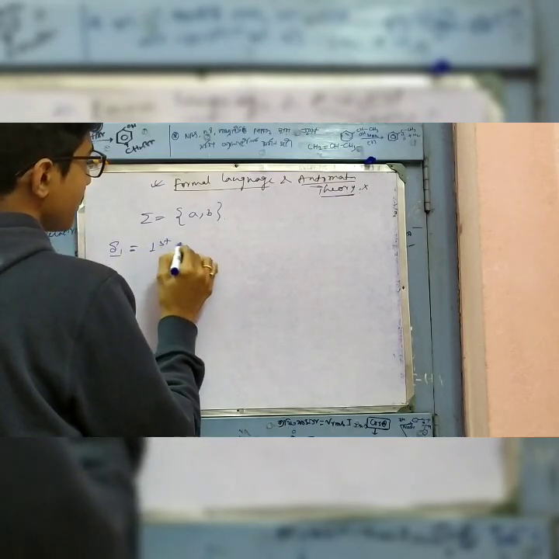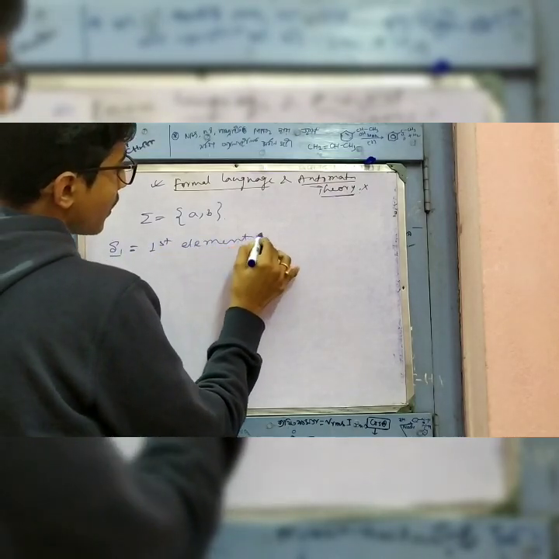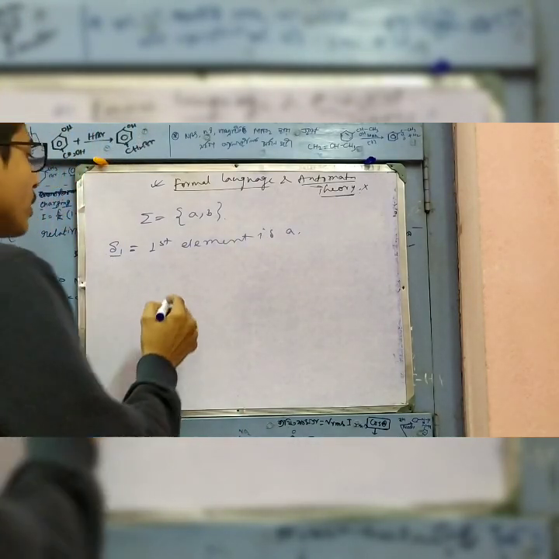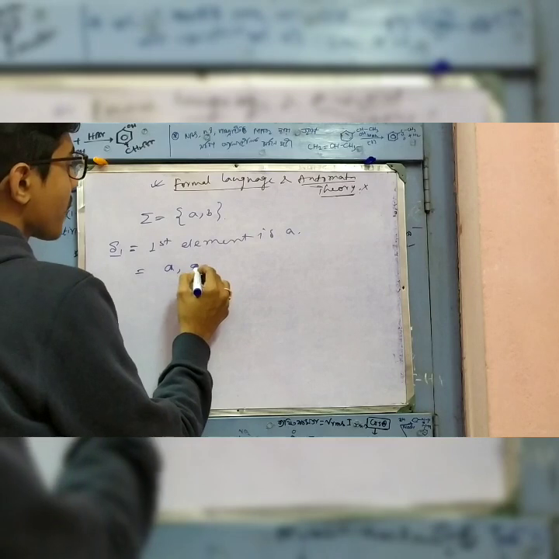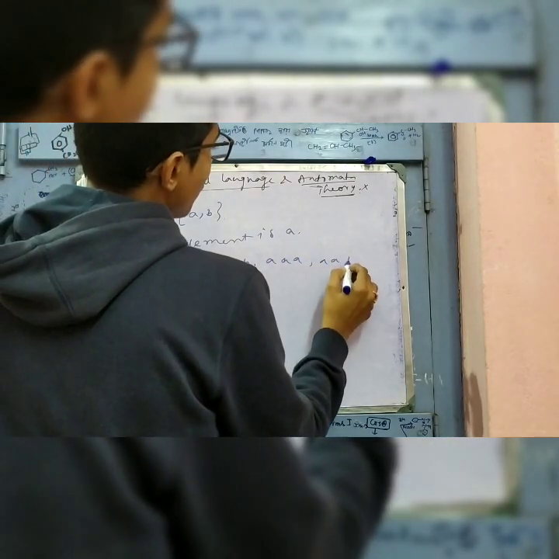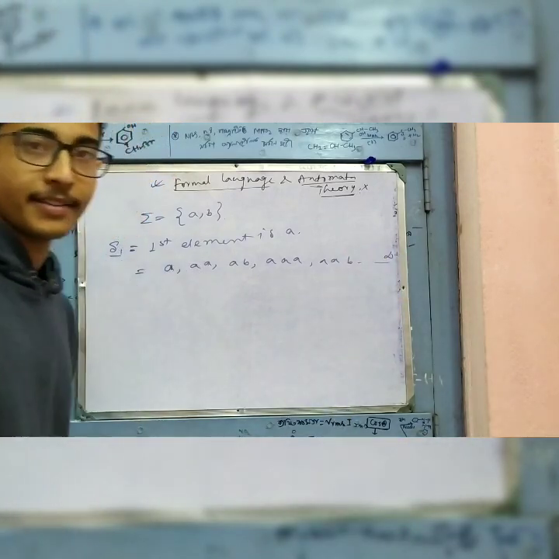That means the first element is a. So the strings can be a, ab, aaa, aab, and so on. So it is an infinite set.